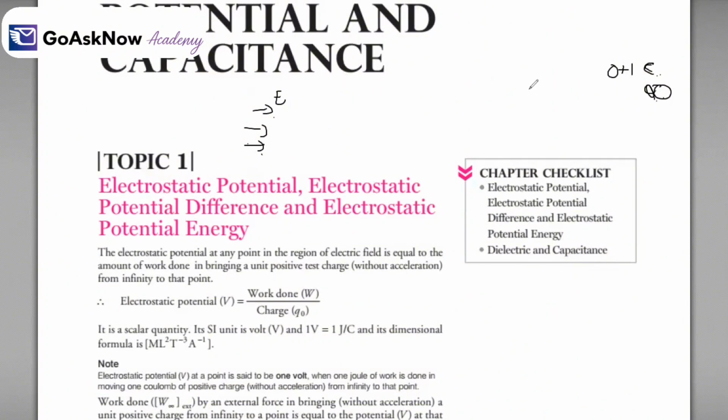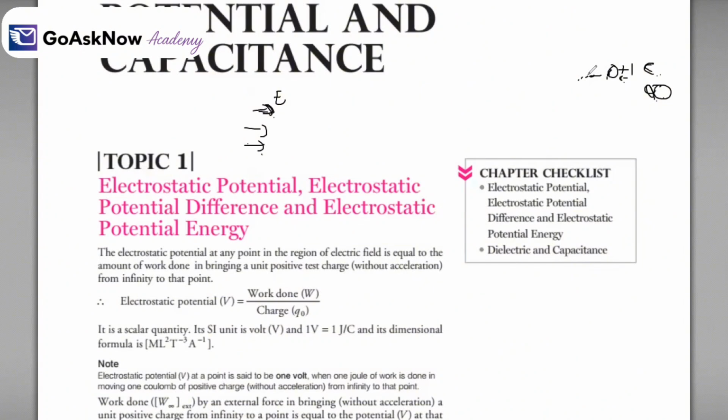If you bring this charge very slowly, opposing this electric field, you are applying a push or force very slowly. This force is negligible, so there is no net acceleration on this charge. It is moving with constant velocity.